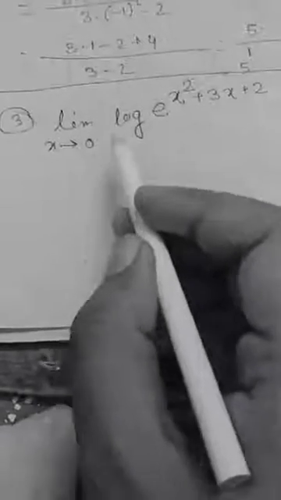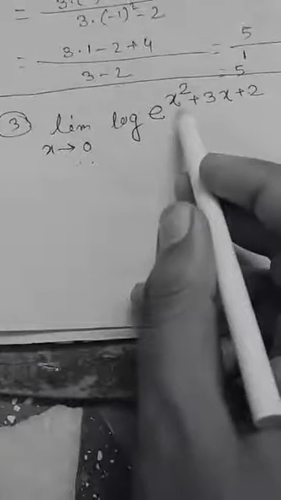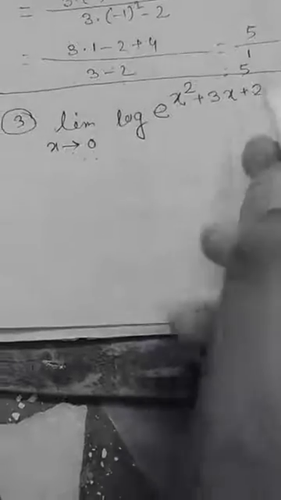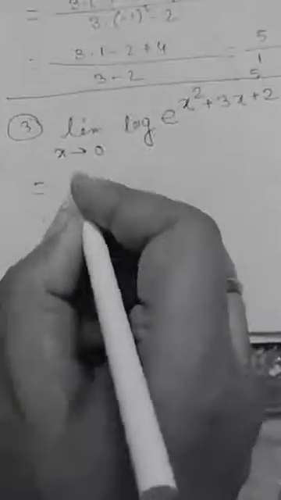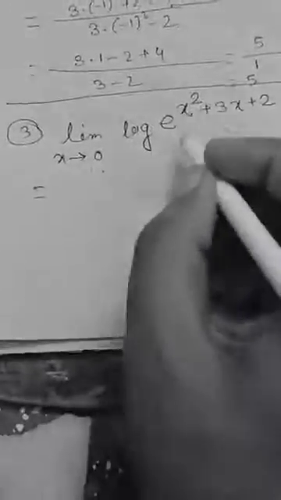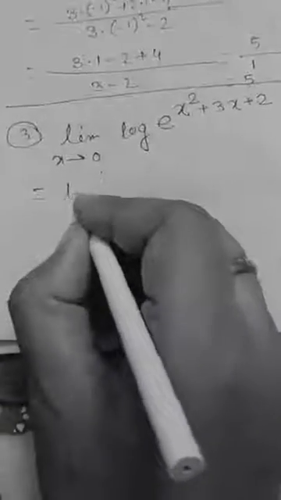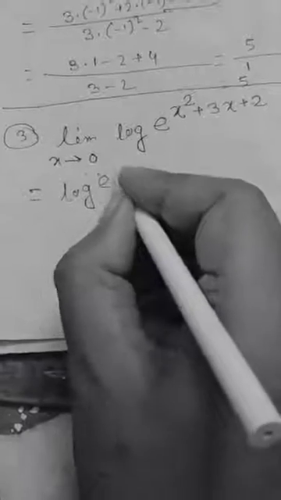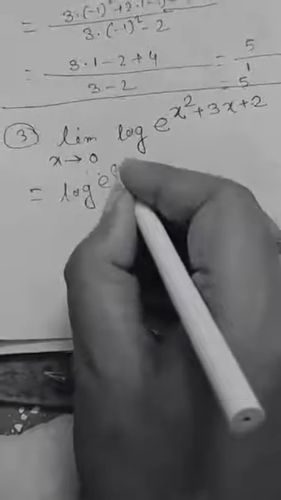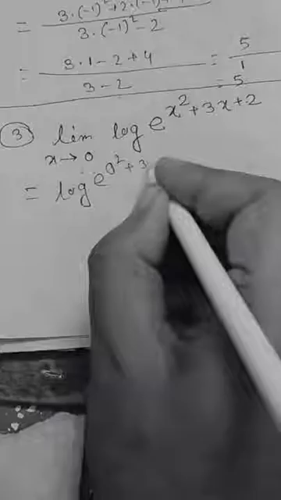So answer is 5. Now another problem is limit x tends to 0, log of e to the power x square plus 3x plus 2. So here x tends to 0, so we can put x is equal to 0 in here. So we write limit log e to the power 0 square plus 3 into 0 plus 2.